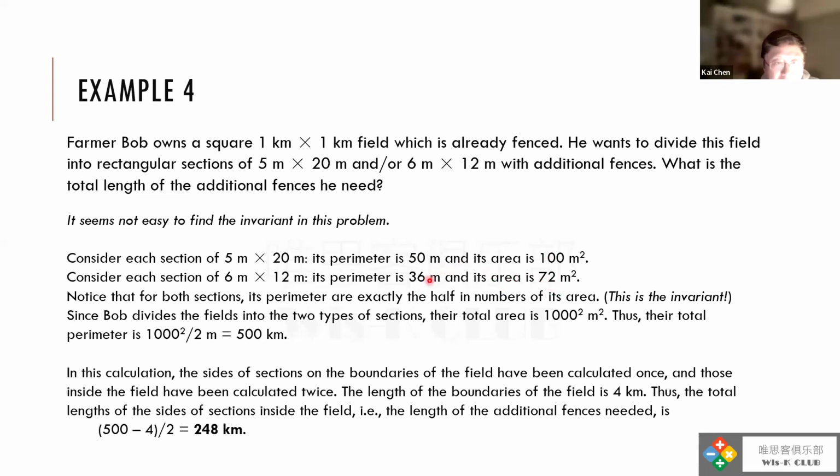So no matter which section Bob chooses, the area will always be double the perimeter in numbers. Of course, the area is easy to get because it's 1 kilometer times 1 kilometer, a fixed number.